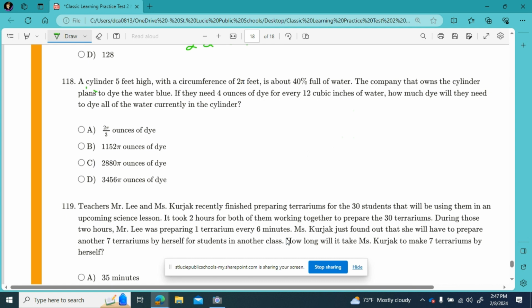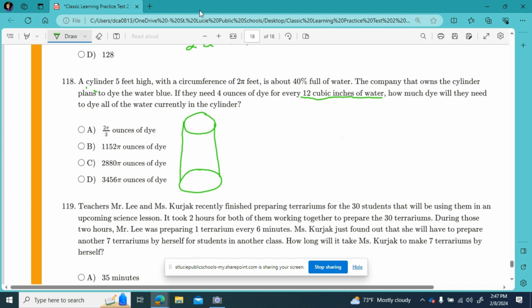So I want to visualize this. I'm going to visualize a cylinder. My answer is going to have something to do with cubic inches of water, and they're giving us our measurements at the beginning here in feet.